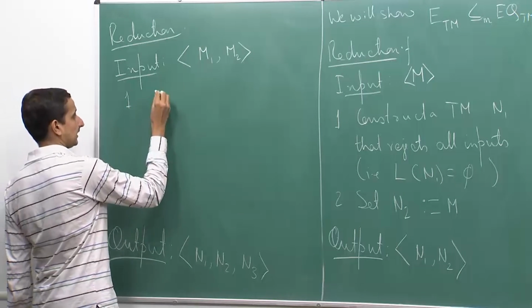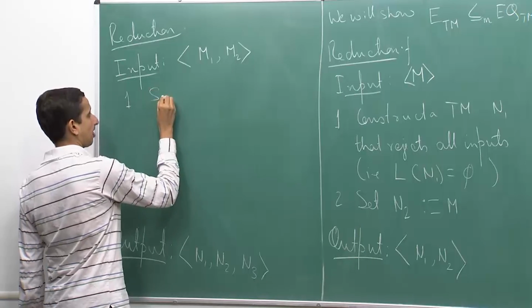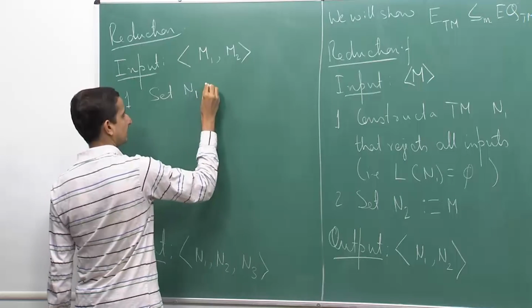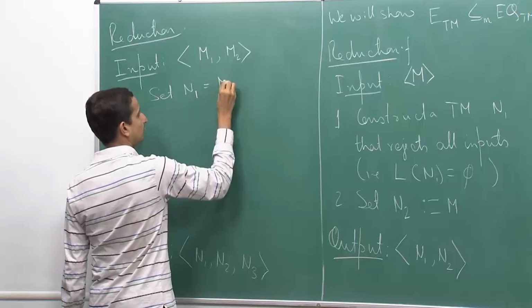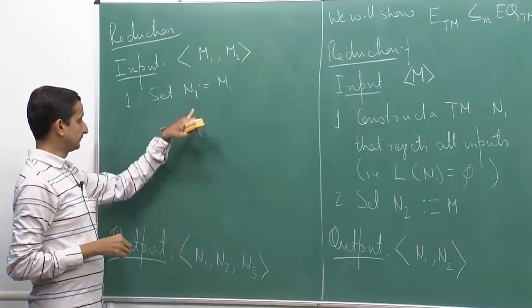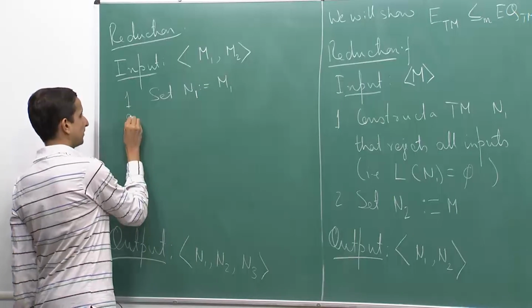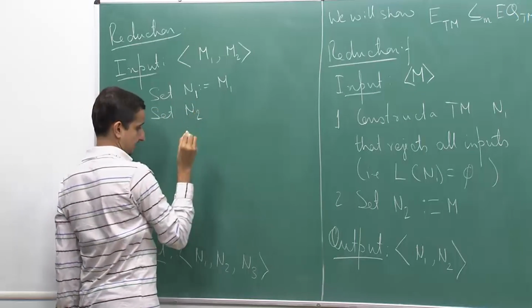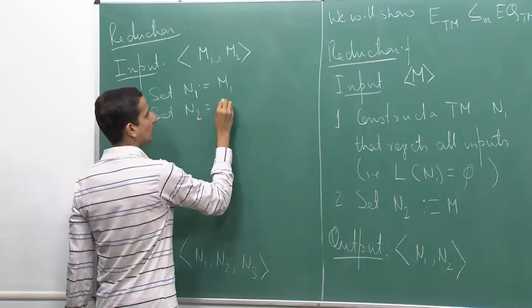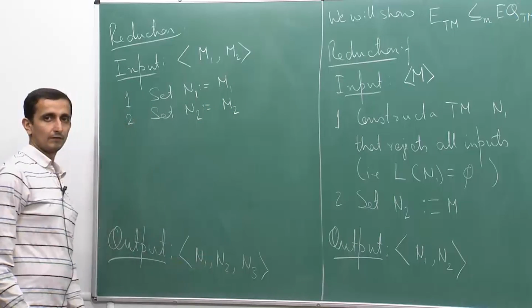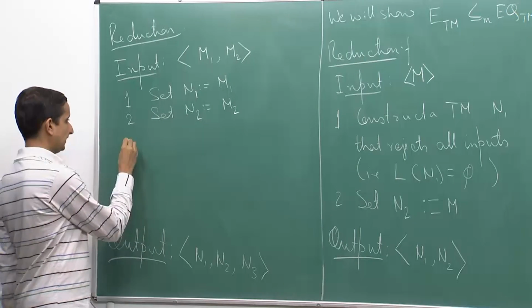So, first we set N1 as equal to M1. Okay, so, the machine N1 is nothing but the machine M1. Set N2 to be the machine M2. Okay, once again they are the same machine.